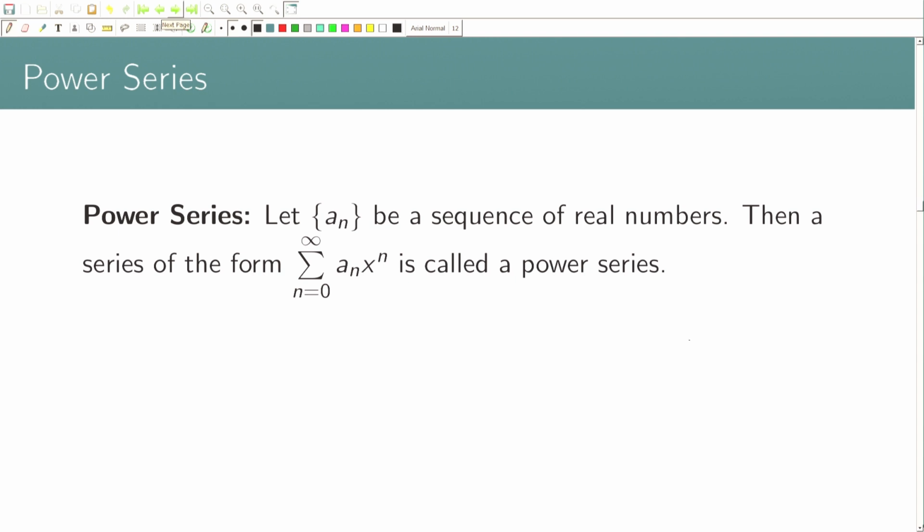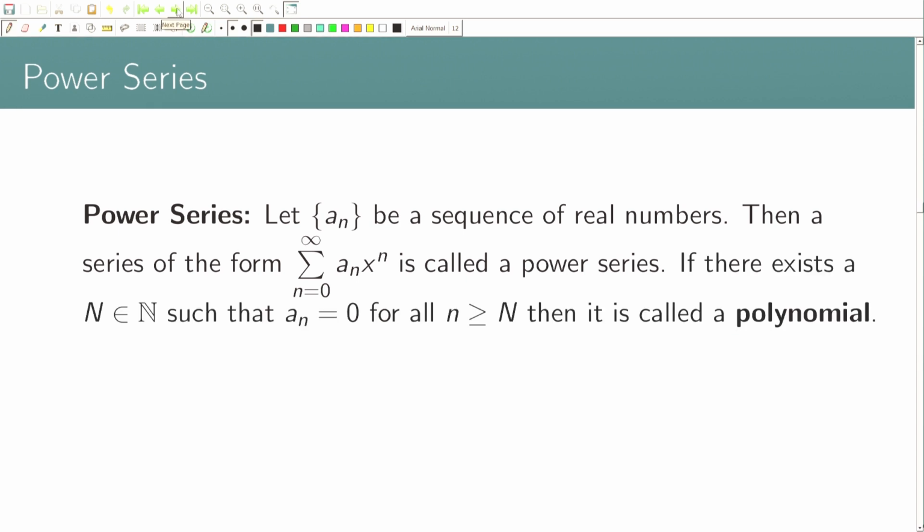Now, whatever the x is, suppose it is a particular x, then A n x to the power n is the power series, and whenever the series converges, it makes sense. Now, if there exists a capital N such that A n's are 0 after capital N, then this is called a polynomial. So, in a sense the power series is nothing but a polynomial plus 3 dots.